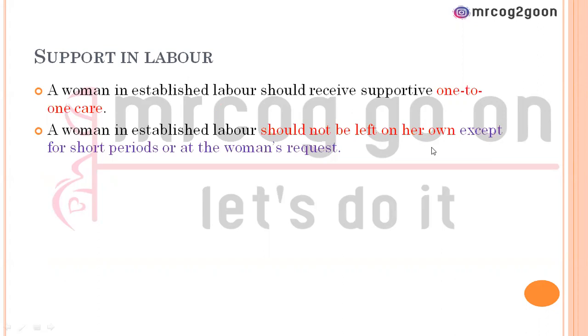Also, this particular word we will get again in the guideline of assisted vaginal birth, because this single-handedly is the most effective way to decrease the incidence of assisted vaginal birth. So this is very important. And also, you should not leave the woman alone for a long time. She must have some companion.